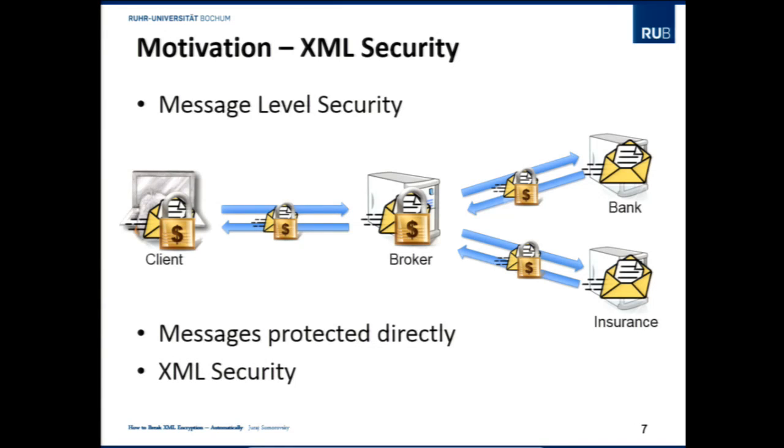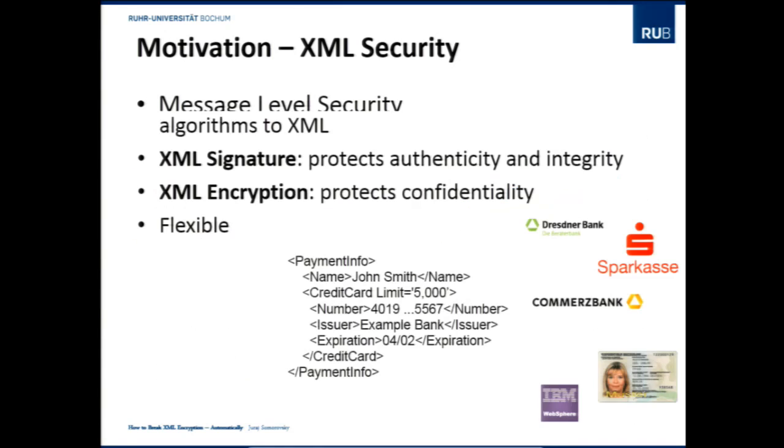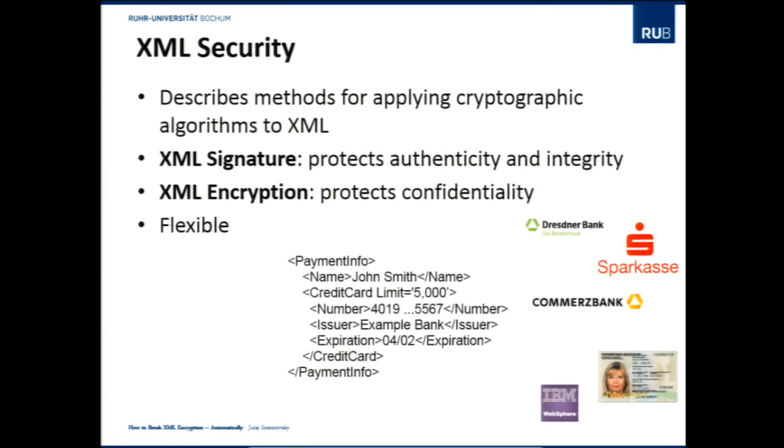This is achieved using XML security, a standard which describes how to apply cryptographic algorithms to XML messages. It consists basically of two standards: XML Signature, which protects authenticity and integrity of the data, and XML Encryption, which protects confidentiality.